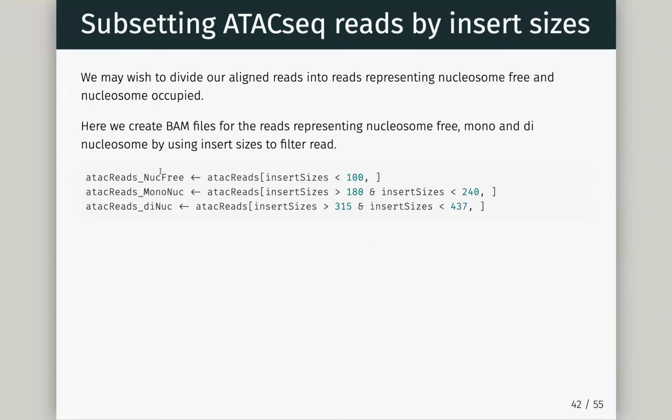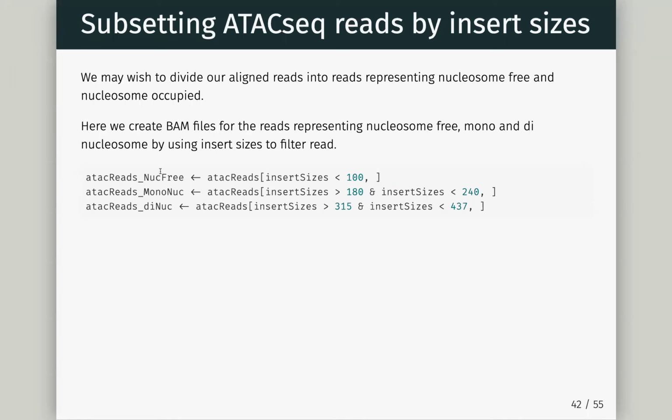I'm not sure I advise this much anymore. ENCODE standards have updated since I first started writing this course. And ENCODE now will say, don't split up your data. Just keep it as one big open chromatin-like data set.